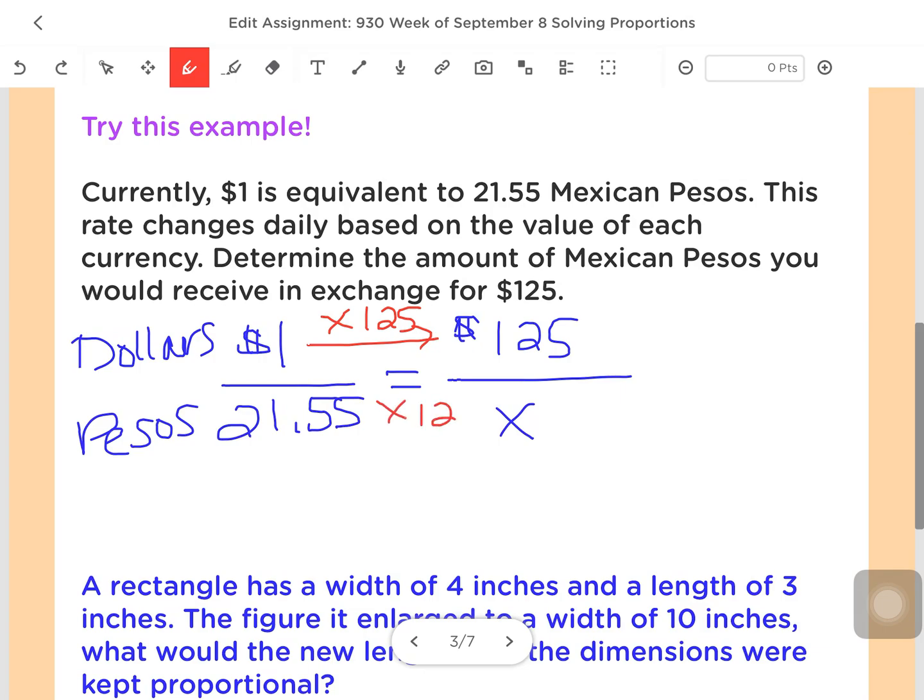So I could end up doing the same thing with the number of pesos in order to figure out how many I would get for that. So if I go ahead and I do 21.55 times 125, I'm going to get 2,693.75 pesos.